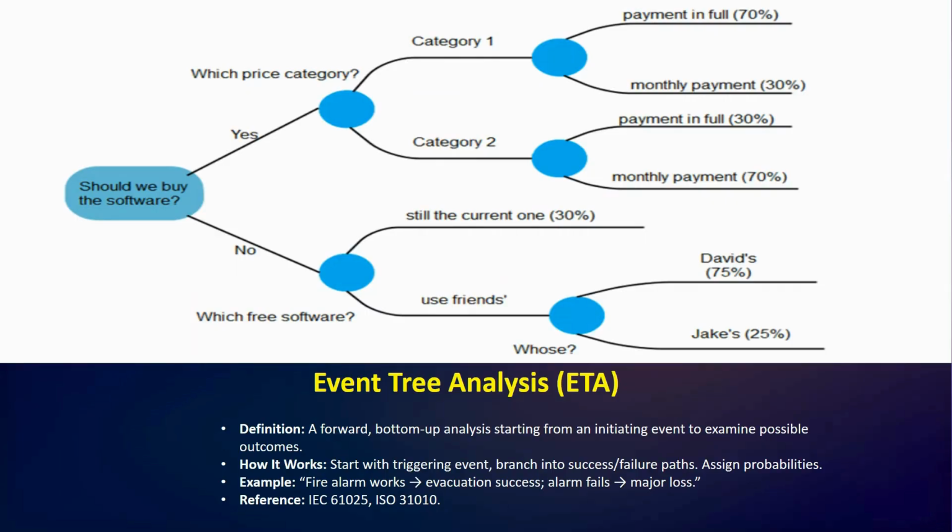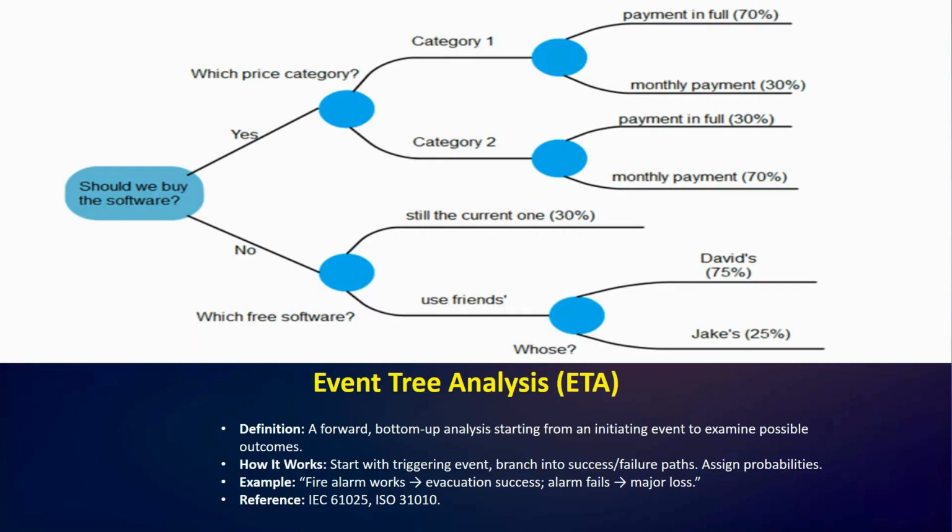While using event tree analysis, we start with the triggering event like a fire alarm going off, and then map out all the possible outcomes. We follow the success and failure paths, assigning probability to each one. This helps us see all the different potential consequences of an event, from a successful evacuation to major loss.